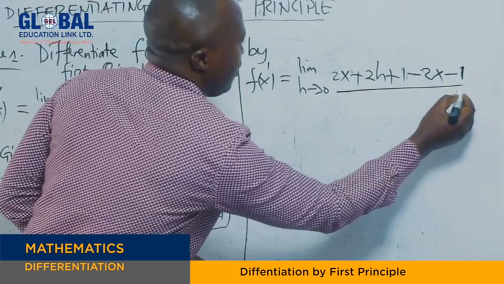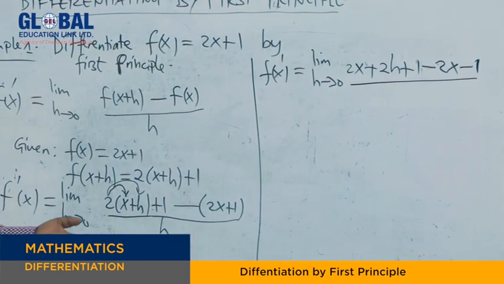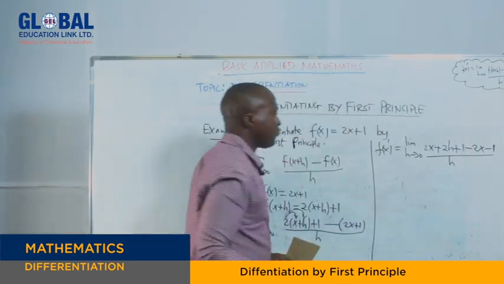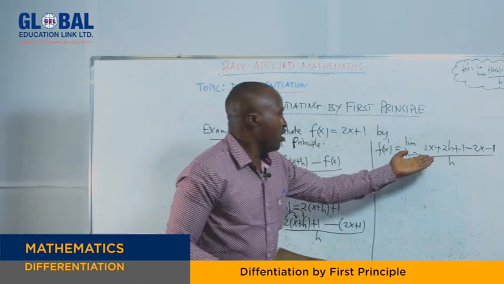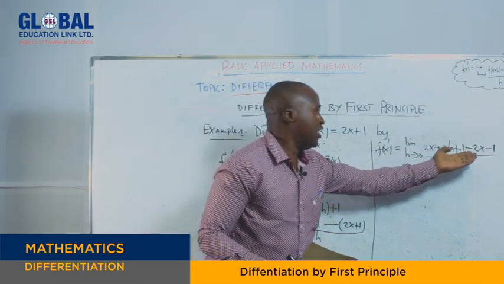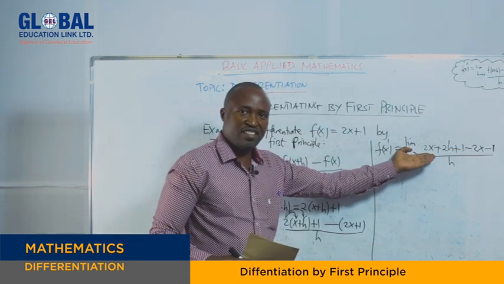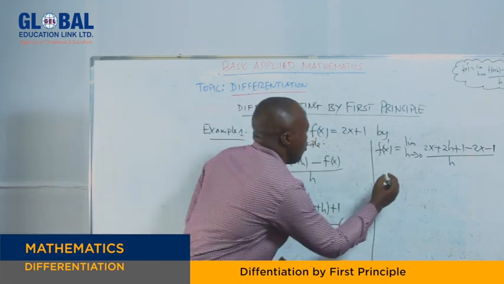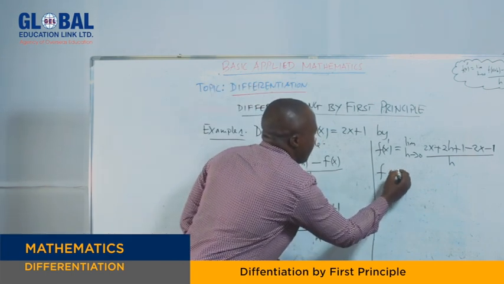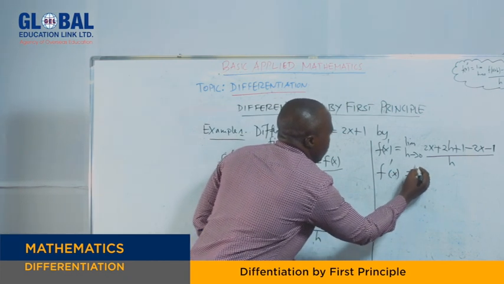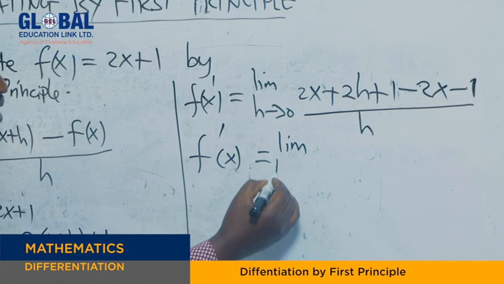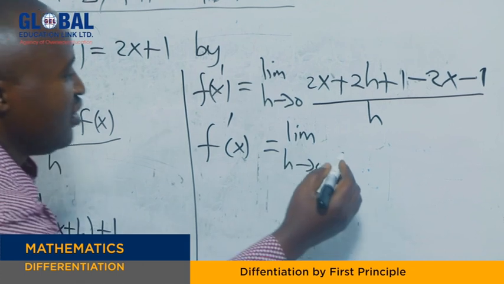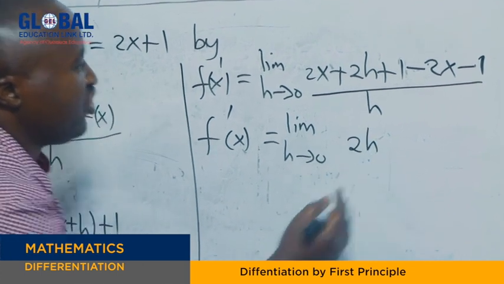Then the whole thing is over h, the denominator. Now we have positive 2x and negative 2x, that means 2x minus 2x is going to be 0. So f dash of x will be equal to the limit as h approaches 0 of what remains, that is 2h.